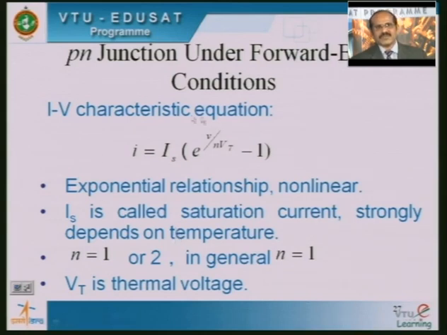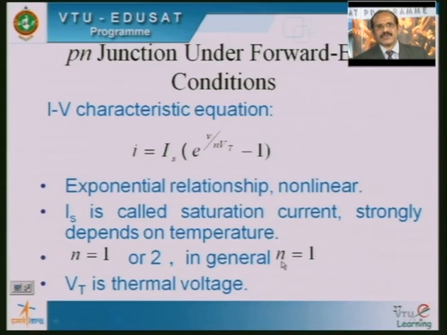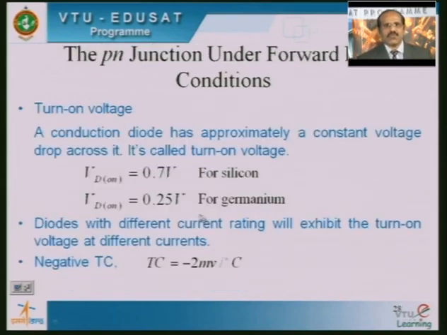And also we have seen that the VI characteristics of the PN semiconductor diode under forward bias condition is represented by I equal to Is into e raised to V by N Vt minus 1, where Is is called the saturation current, Vt is called the thermal voltage, and N usually is either 1 or 2, but in general N will be equal to 1.